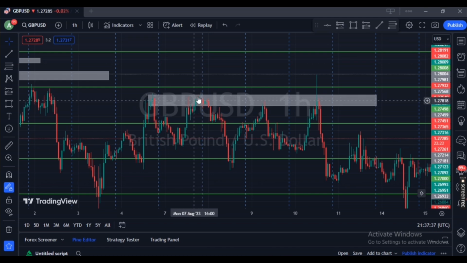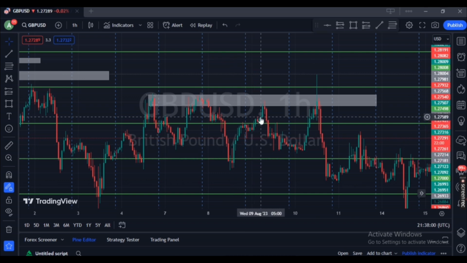Whenever it starts reacting like this, it means that the buyers are done and the sellers have taken over the market. So whenever we start seeing reactions, like this red pin bar, it is showing us that yes, the buyers are weak. So then we enter our sell from the resistance level.